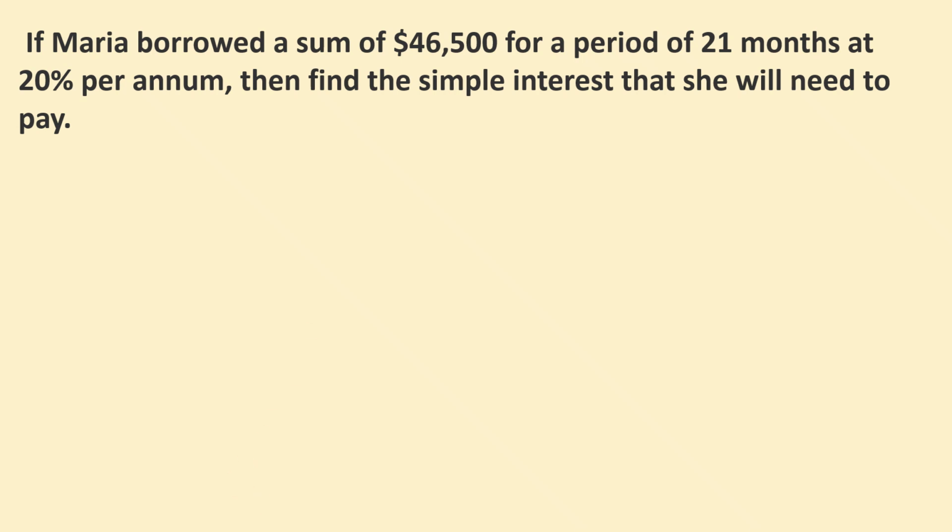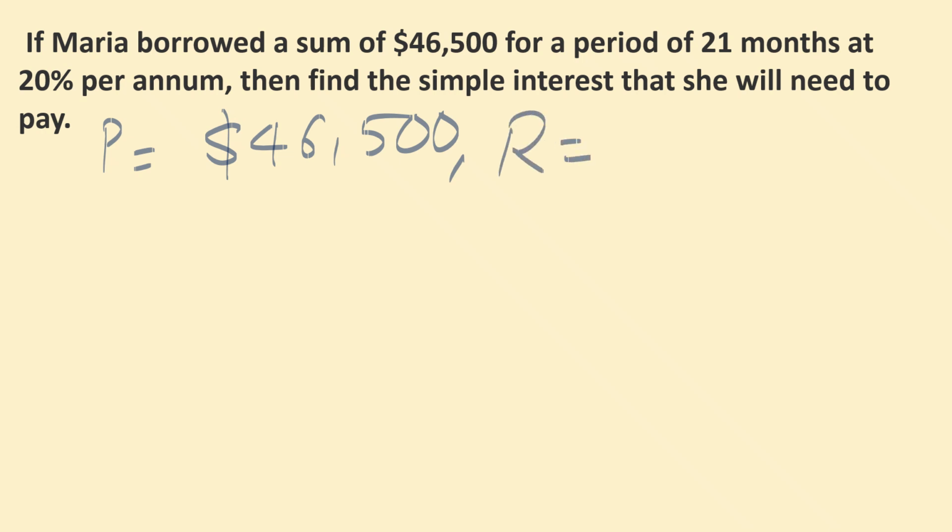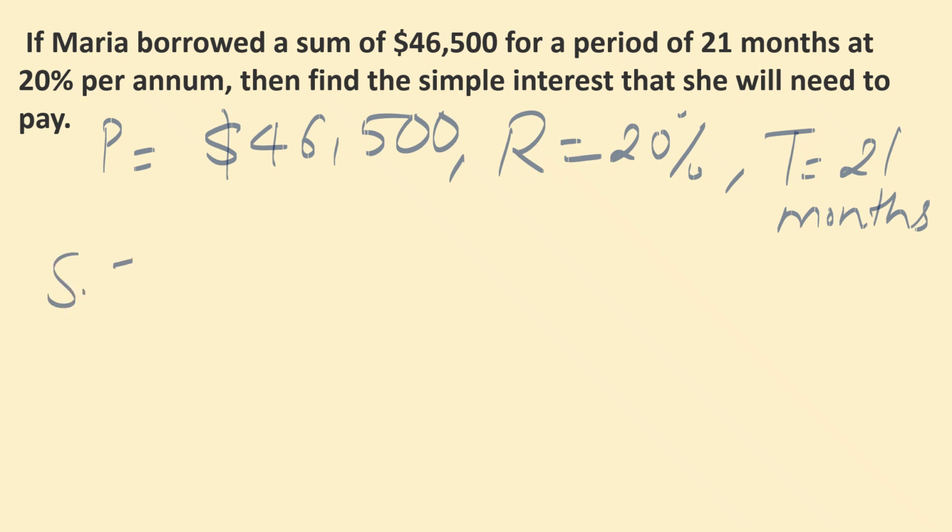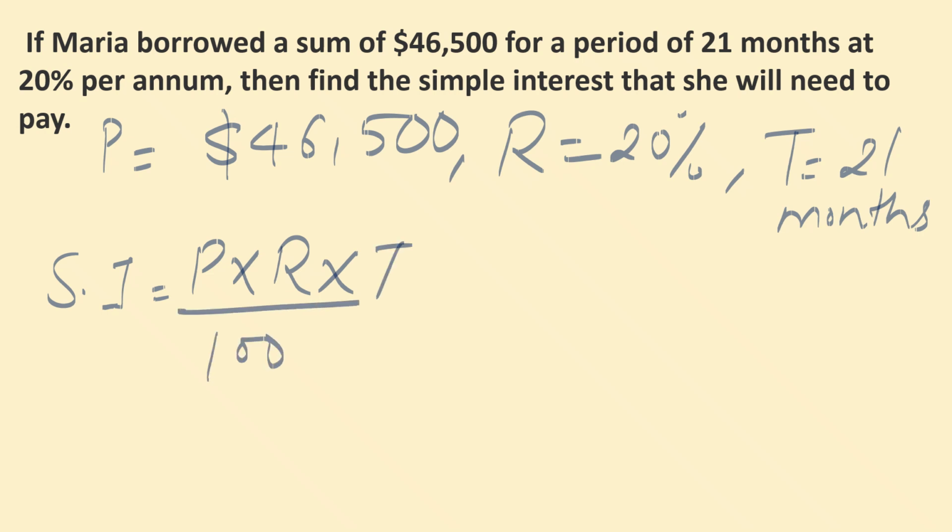So first I will write whatever things are given. My P is $46,500. My R, rate of interest, is 20%, and my time period is 21 months. Now my simple interest formula is P into R into T divided by 100.